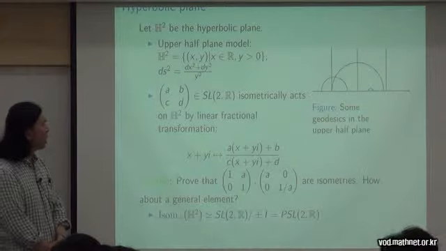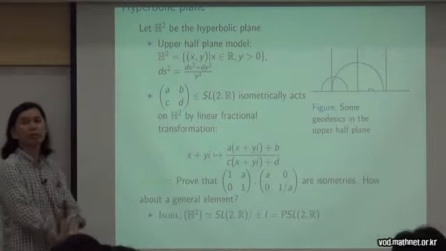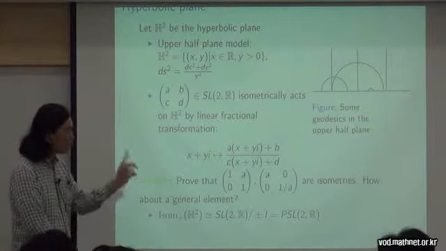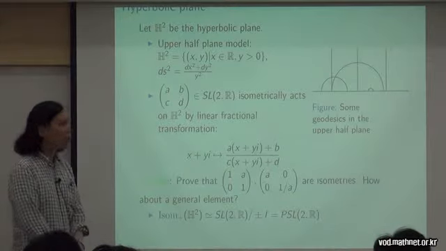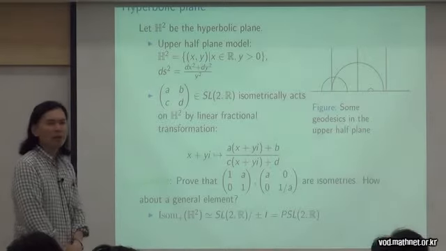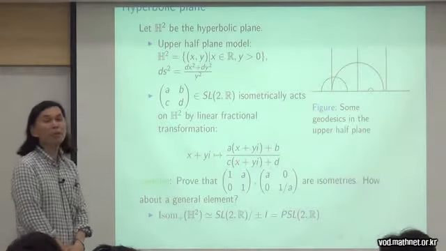Then try to see that it really preserves this metric. You may say those two matrices are very special compared to a general (a b; c d) in SL2R, but now you use some little linear algebra.